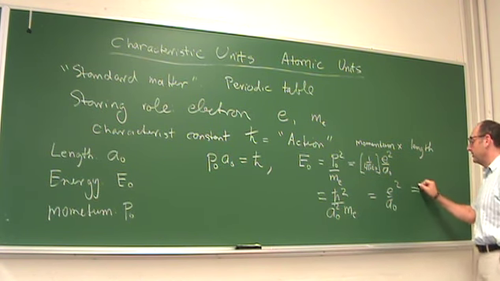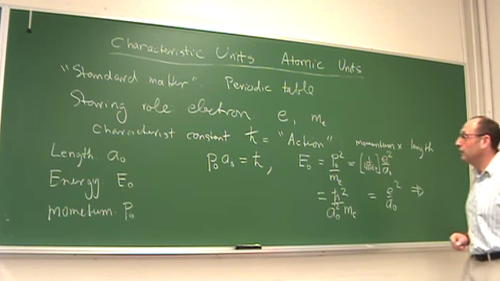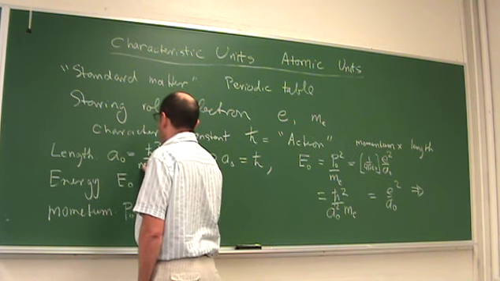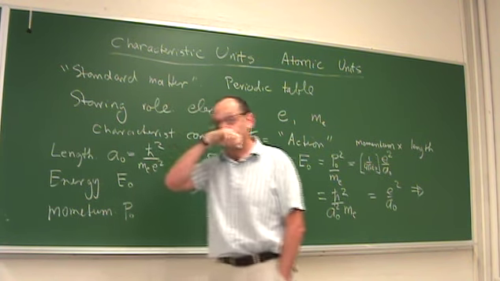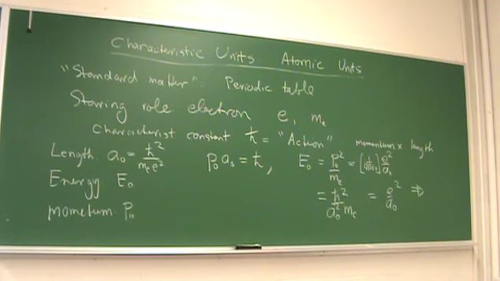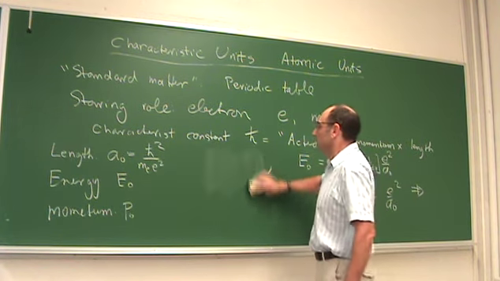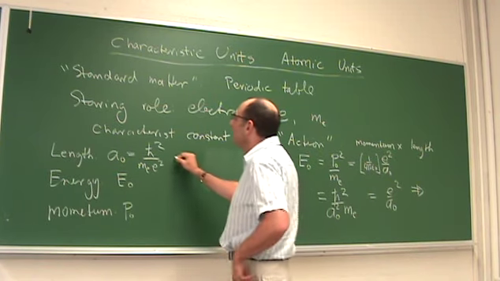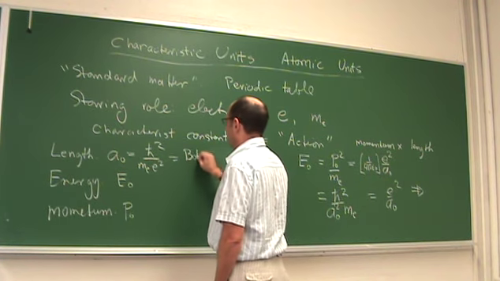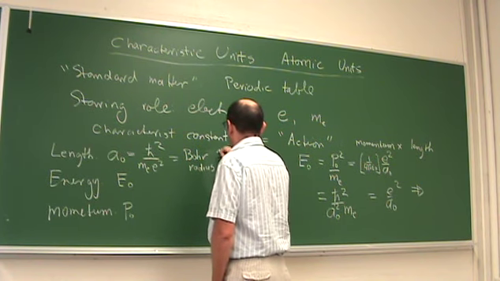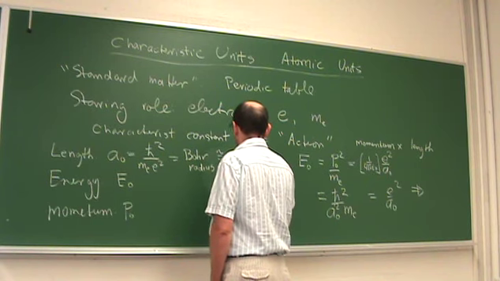So that then determines our first unit over here, a naught equals h bar squared over m e squared. That is a characteristic length that you can make out of these constants. And this, of course, is the Bohr radius, which is approximately a half an inch.